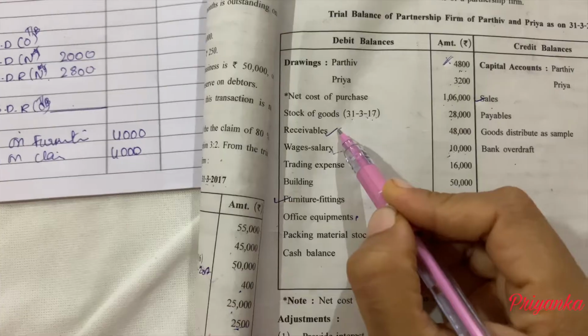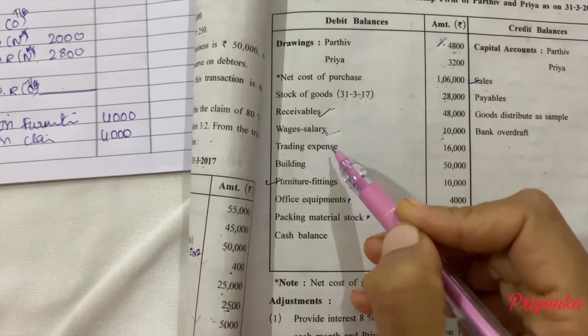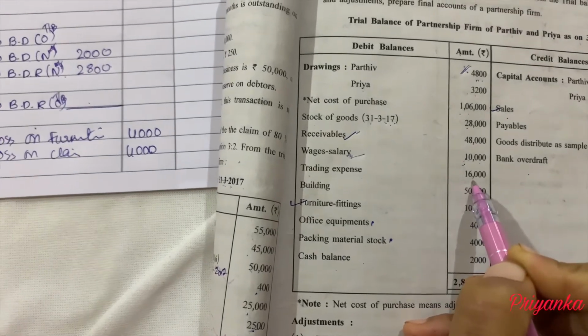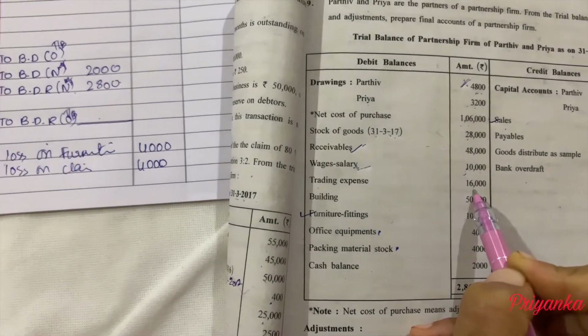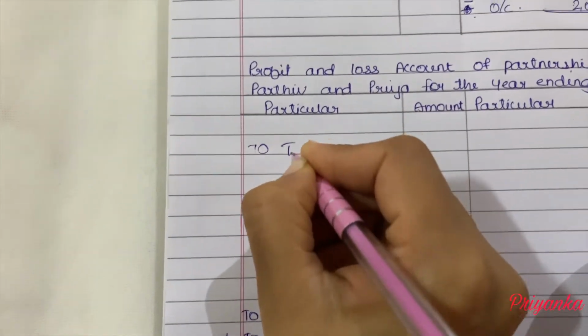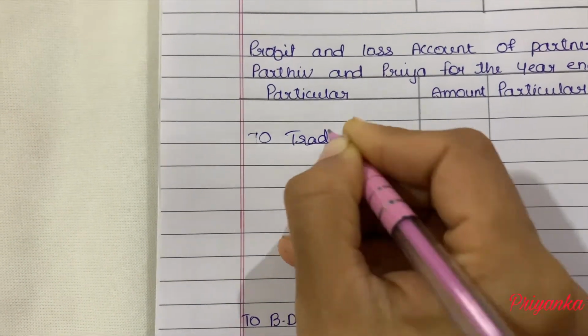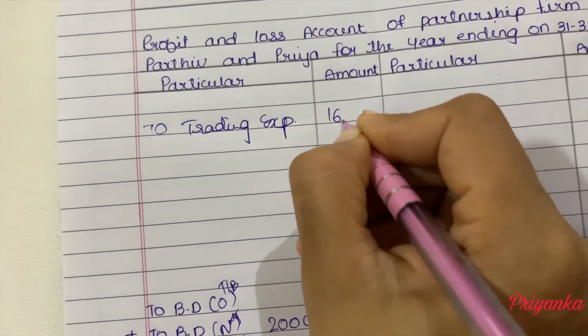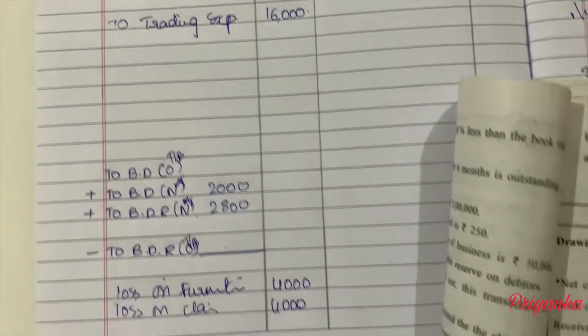Next, receivable we already took, wages and salary also done. Trading expense, now the expense 16,000 has to move to your profit and loss expense side. So write down here with the amount 16,000.